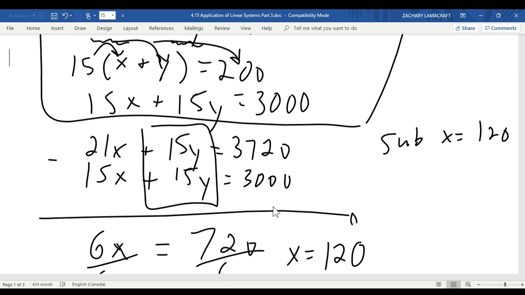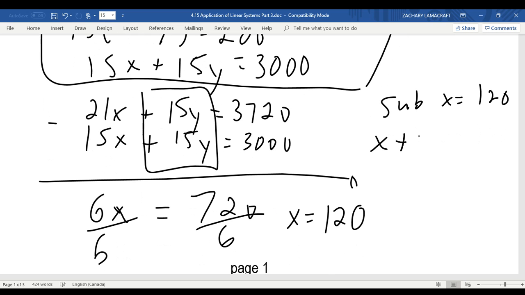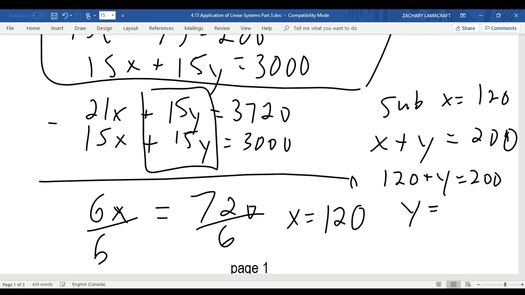And the original equation was x plus y equals 200. So x we now know is 120, so 120 plus y is equal to 200. And then we would know that y is equal to 200 minus 120. So in this case, y is equal to 80.